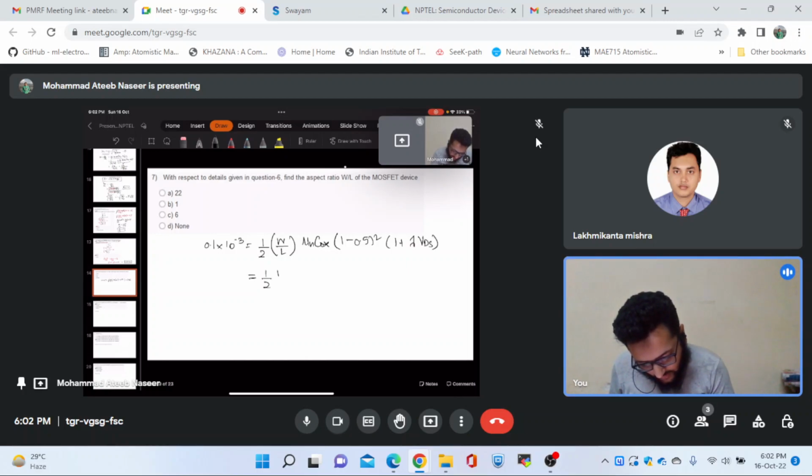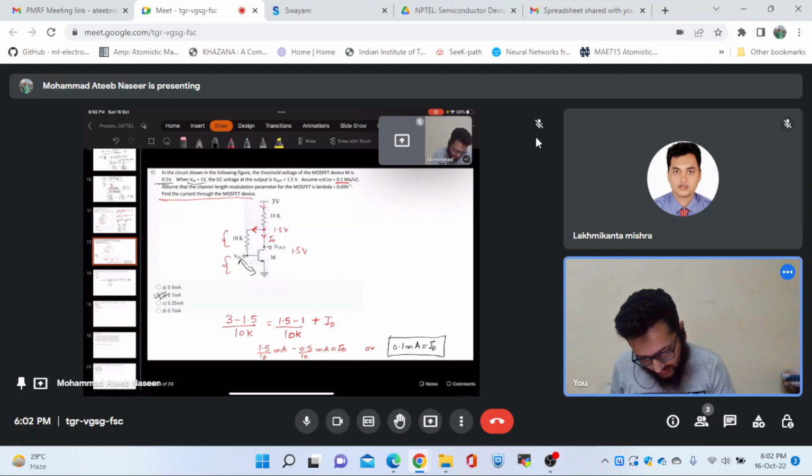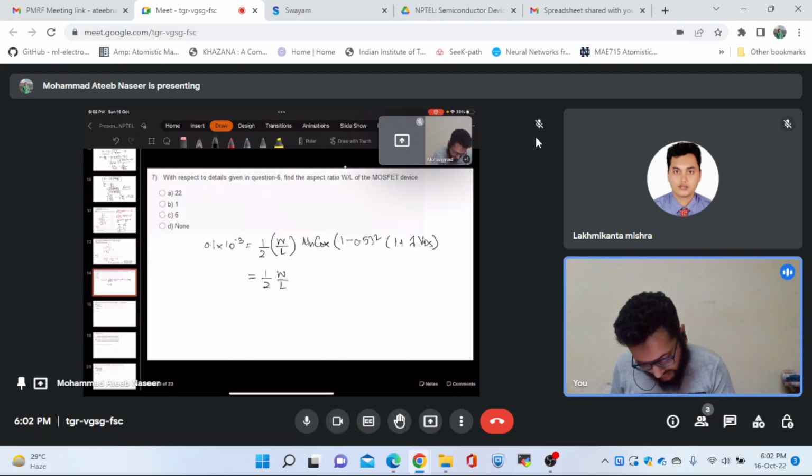This is 1 by 2 W by L. Mu n C ox, I think it was given to be 0.1 into 10 raised to the power minus 3.